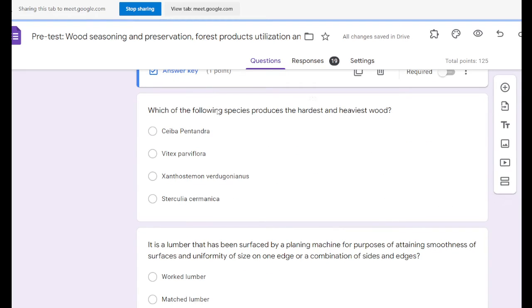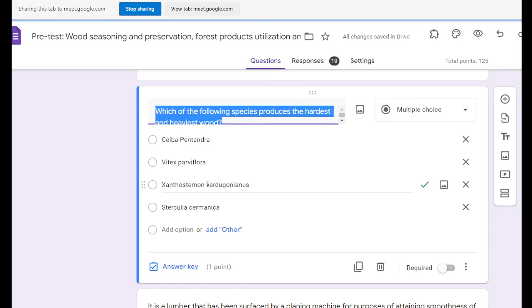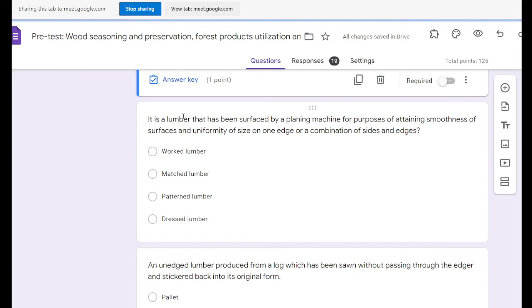Next, which of the following species produces the hardest and heaviest wood? So, this is probably clear. So, we have Santos, Timon, Verdugoñanos or Mangkono. It is a lumber that has been surfaced by a planing machine for the purpose of attaining smoothness of surfaces and uniformity of size on one edge or a combination of sides and edges.